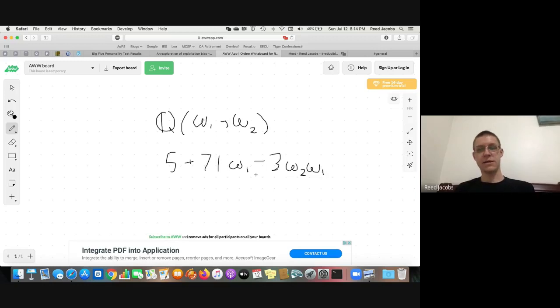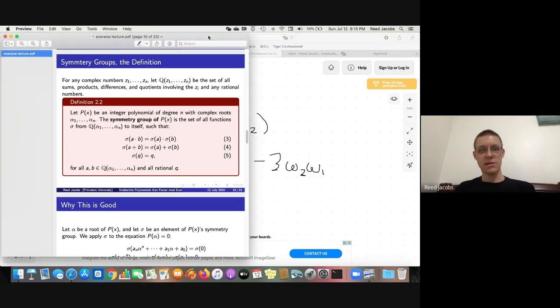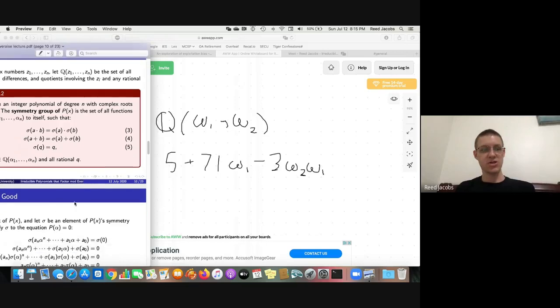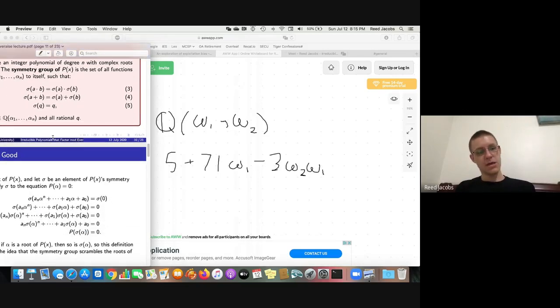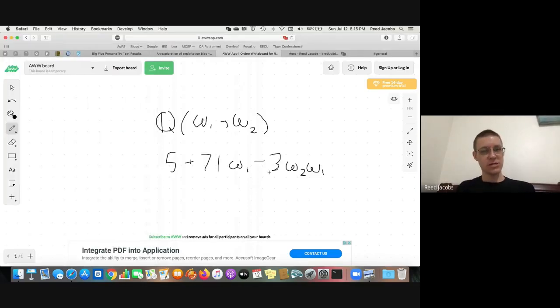And you would get all the things like this. But because of the properties of sigma, it preserves addition and preserves multiplication. And similarly to the calculation we did here, that means that sigma applied to any one of these expressions will be determined by where it sends omega 1 and where it sends omega 2. So we're determining the values of an entire function just from two values.